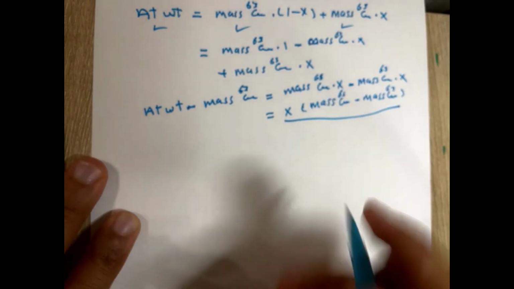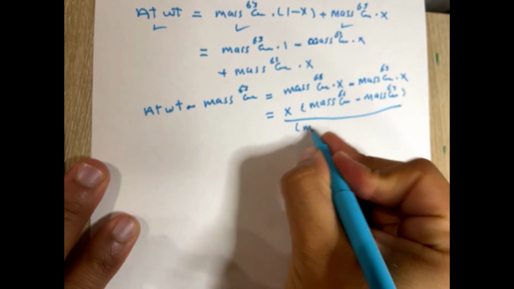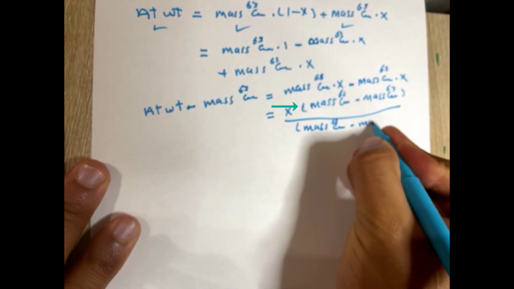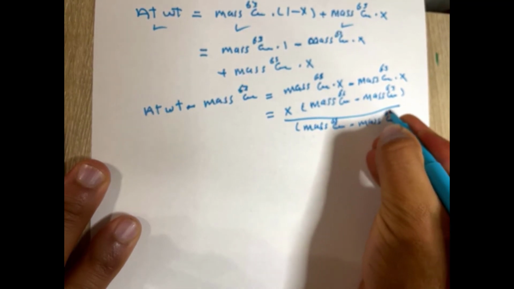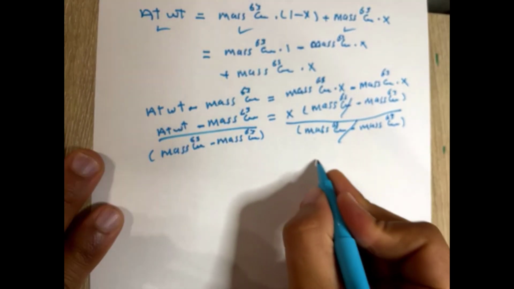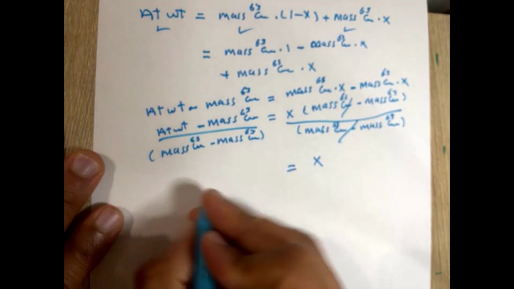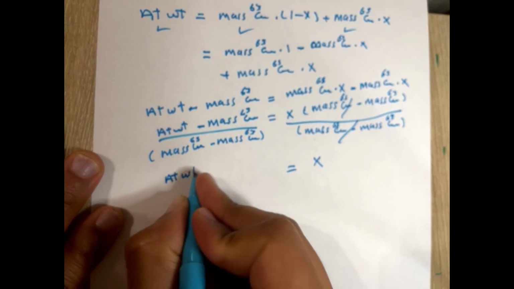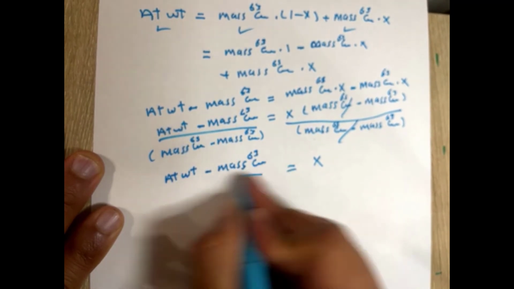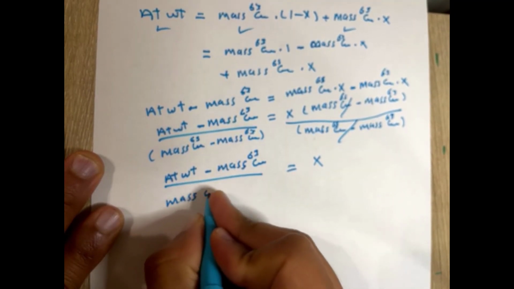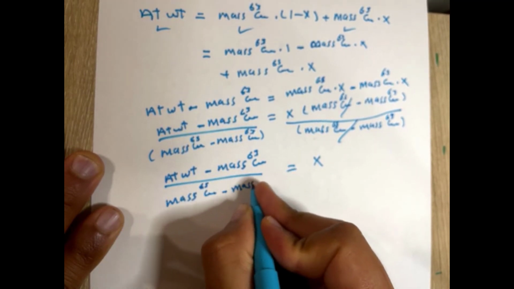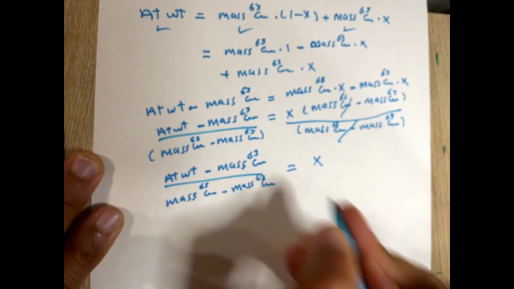So if we divide both sides of the equation by this term right here, this will cancel with this, and x is going to equal atomic weight minus mass isotope 63 divided by mass of isotope 65 minus mass of isotope 63. So we can solve for x.